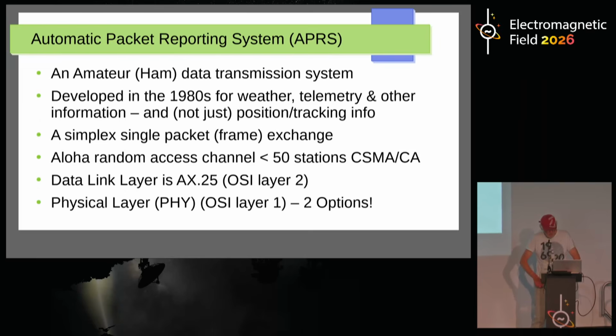The data link layer, layer 2, is the amateur version of the old X25. And the physical layer pretty much remained one option for about 30 years, but in the last 10 years, another option has become available. So this talk will mainly be a comparison of the two options that are available.